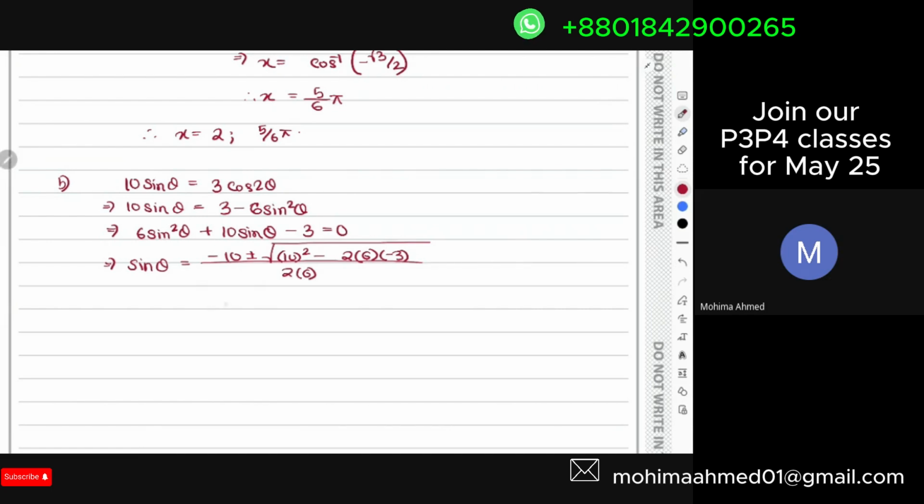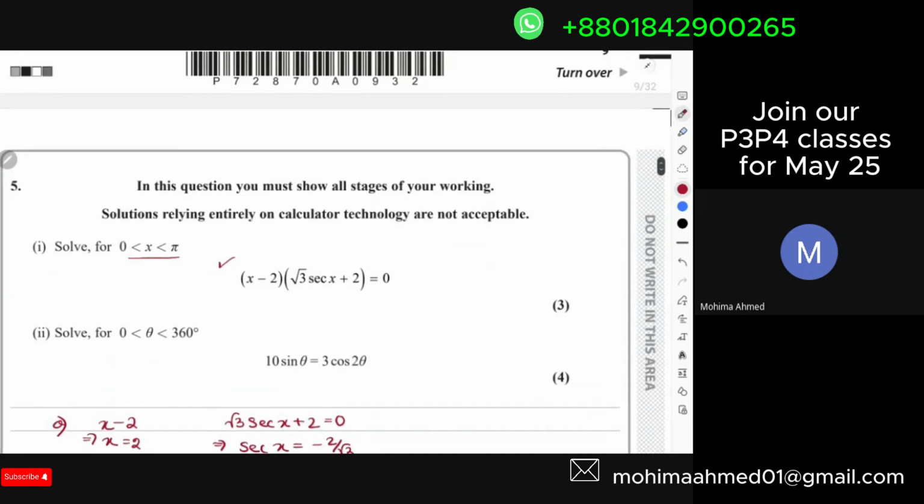So in decimals, we're getting one answer as 0.138. And then the next answer would be negative 1.805, right? Both of them are equal to sine theta. Here the range was within 0 to 360. That means again you have to calculate your answer in degree mode.